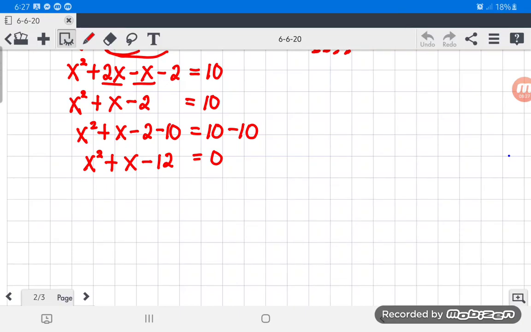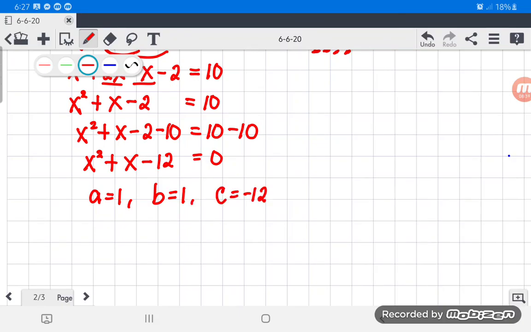So the value of a here is 1, the value of b is 1, and the value of c is negative 12.